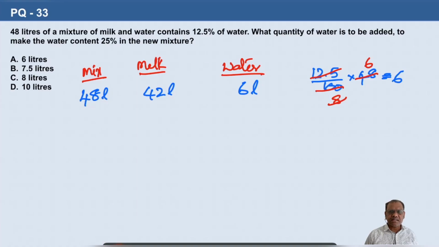So in this he is adding water so that the water content becomes 25%. So how much water is added? Let x liters be added. Then water content becomes x plus 6. The total becomes x plus 48. Then the percentage will be 25%.